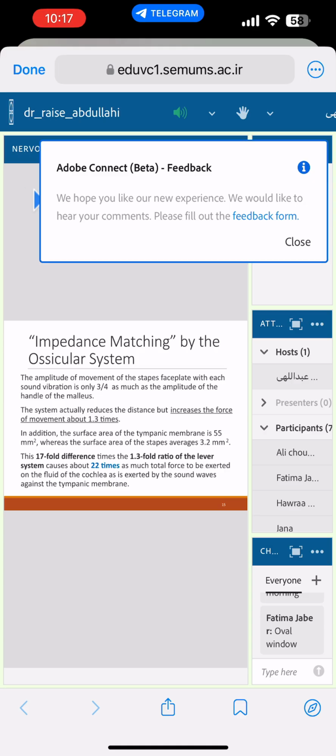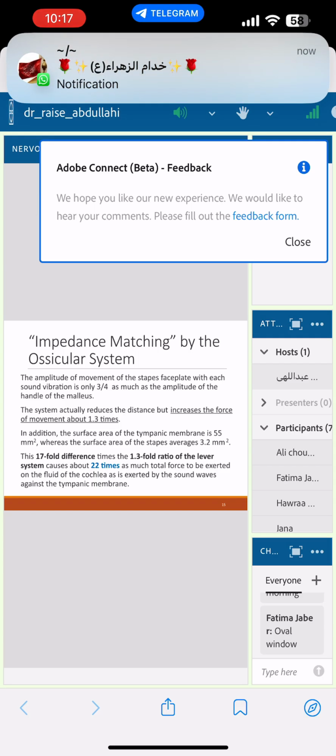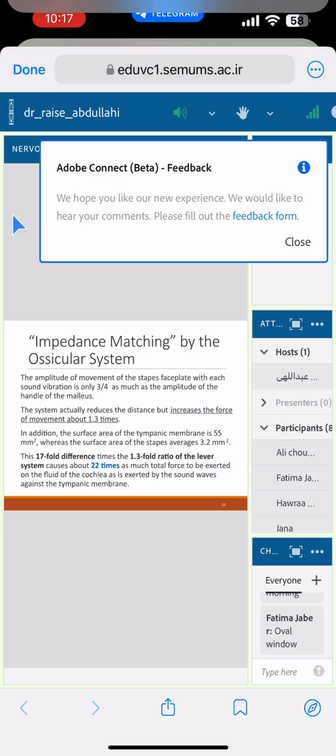The amplitude of the movement of the stapes faceplate with each sound vibration is only three-fourths as much as the amplitude of the handle of the malleus. The system actually reduces the distance but increases the force of movement about 1.3 times.